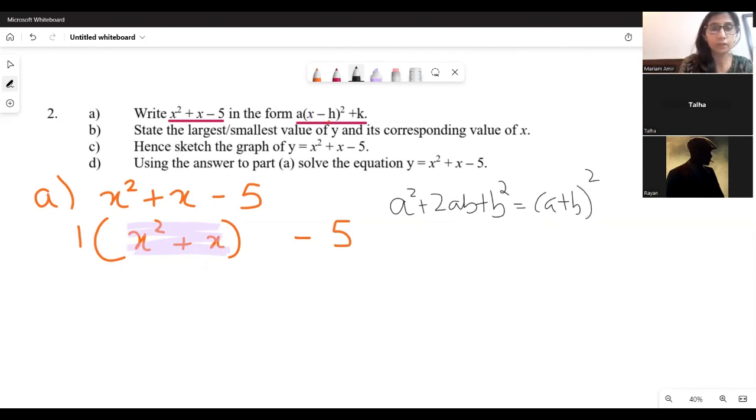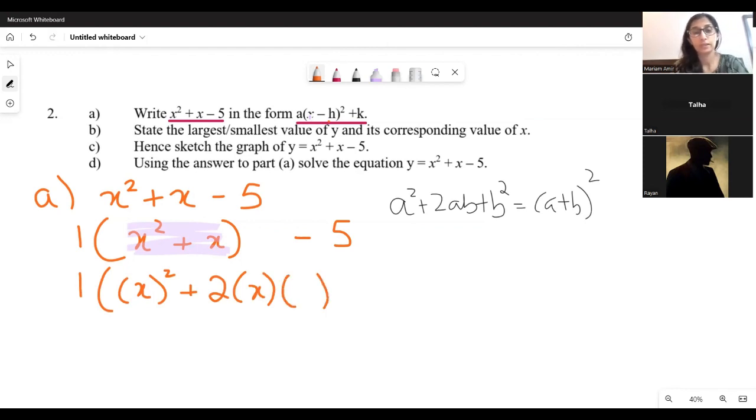So 1 is outside. This would be a square, so x square plus 2 times a. Now what should b be? Not x, x is already here. 2 has come, a has come, what should b be? Not 1. If it were 1, then 2 times would make 2x, but here we have x. So b will be half, and plus b square.